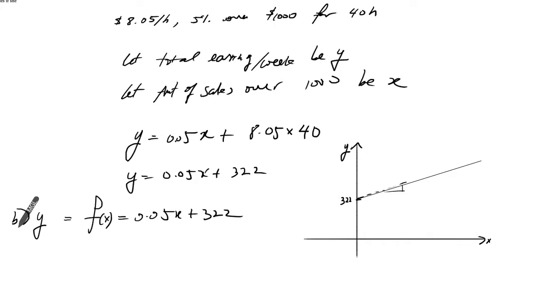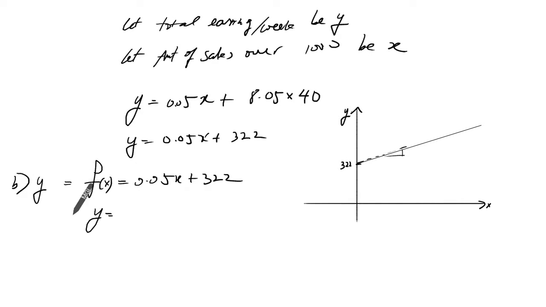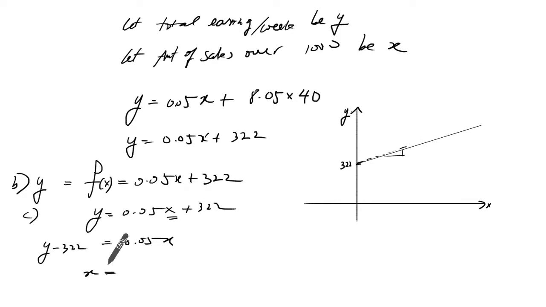Okay. And the inverse function will be simply we switch the X and Y after we isolate the X. So let's isolate for X, and we get Y minus 322, and then X will be 1 over 0.05 times (Y minus 322), or (Y minus 322) over 0.05.